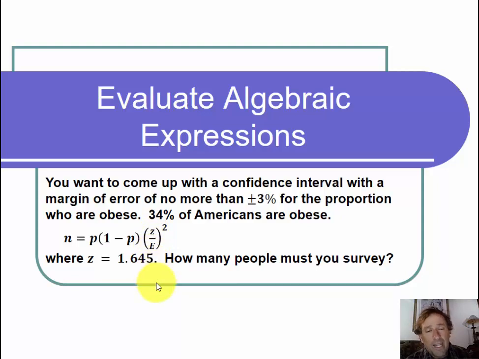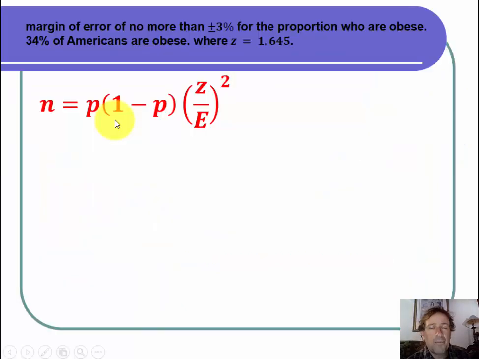So we want to find out how many people we must survey. So what we're going to have to do is plug in our values of p, z, and e into this equation to calculate n.